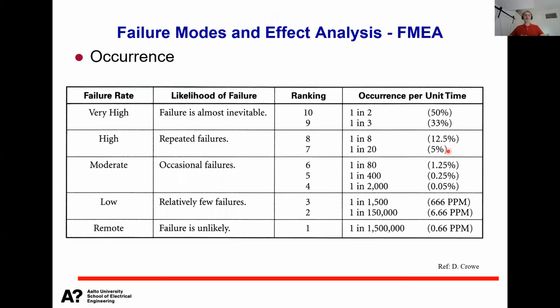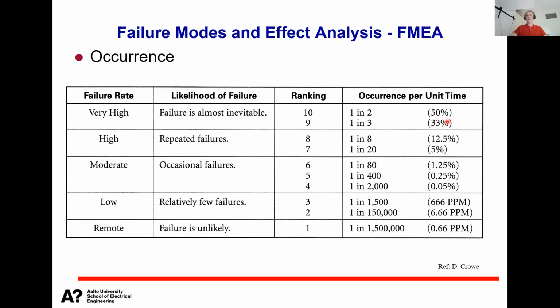Yes. So now we jump to the next slide, which is basically the same, just a little bit different. Not different numbers, same numbers, but different explanations, maybe a little bit more simplified. So the failure occurrence is very high if it happens, let's say, 50% of the time. When you use it, every second time this problem appears, then you need to rank it 10.